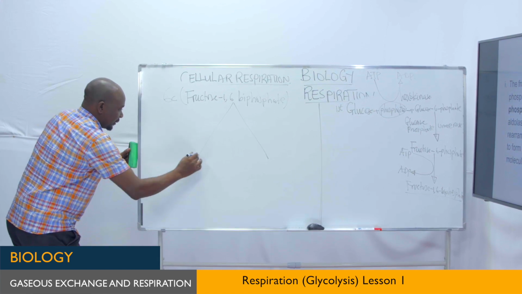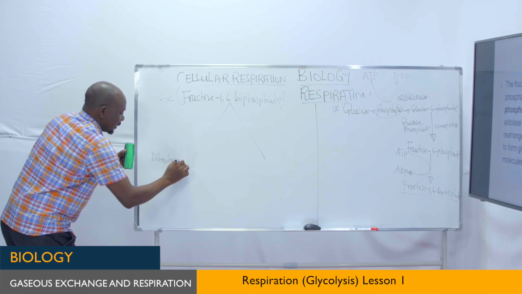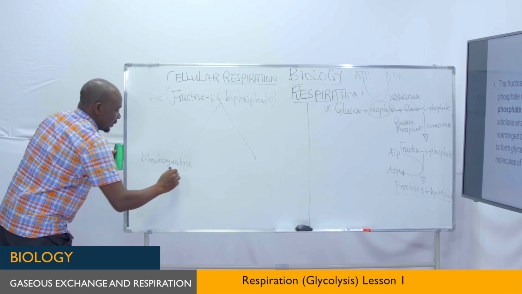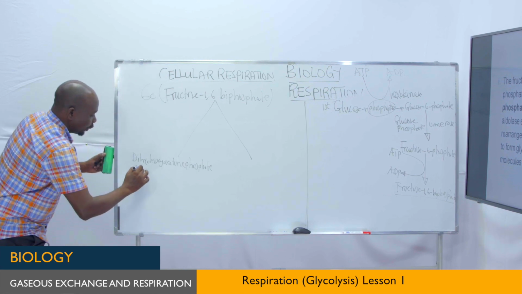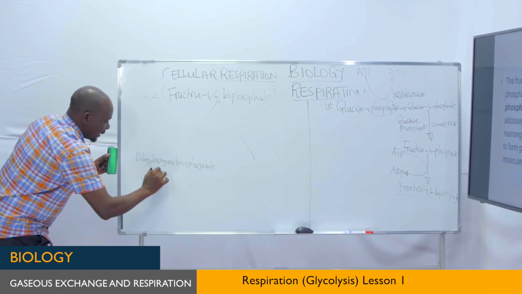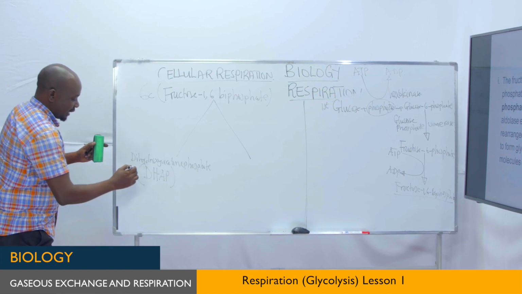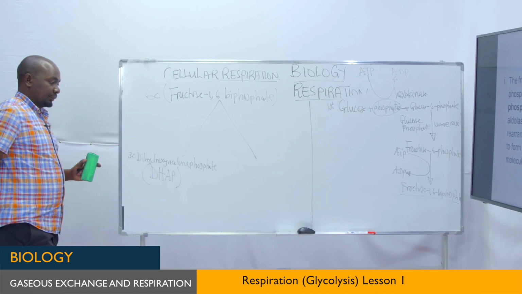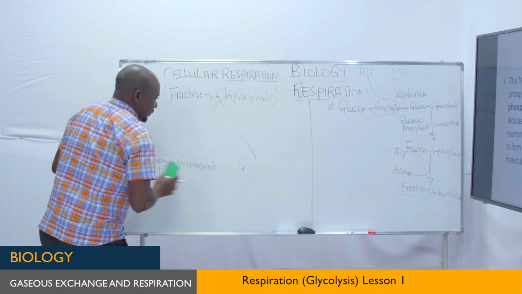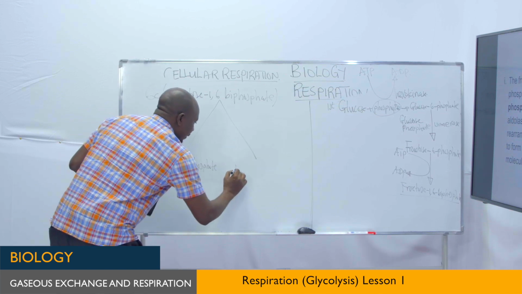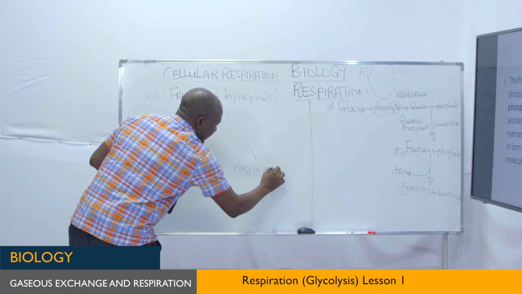The first will be the dihydroxyacetone phosphate, which is abbreviated DHAP. This is a 3-carbon compound. Another is the phosphoglyceraldehyde.